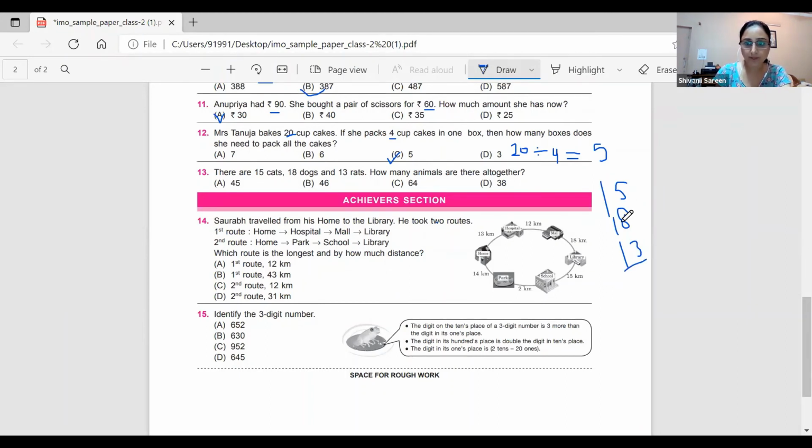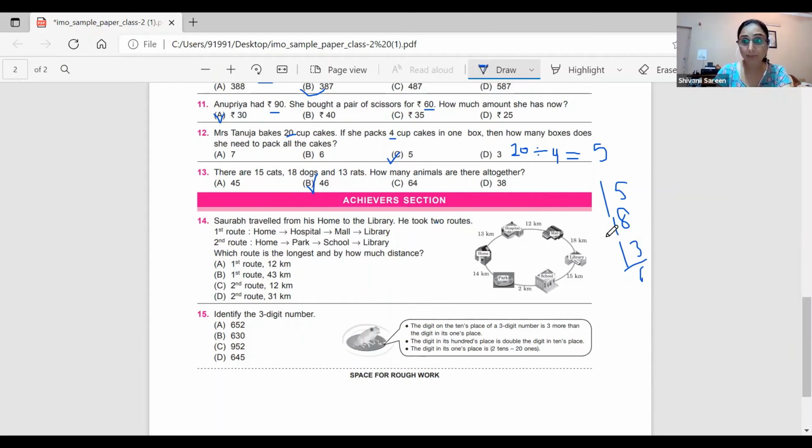So 8 plus 3 is 11. 11 plus 5 is 16. So one thing is clear, that the answer would be this, because the ones digit is 6. So there is no option other than option B, which has 6 as the ones digit.